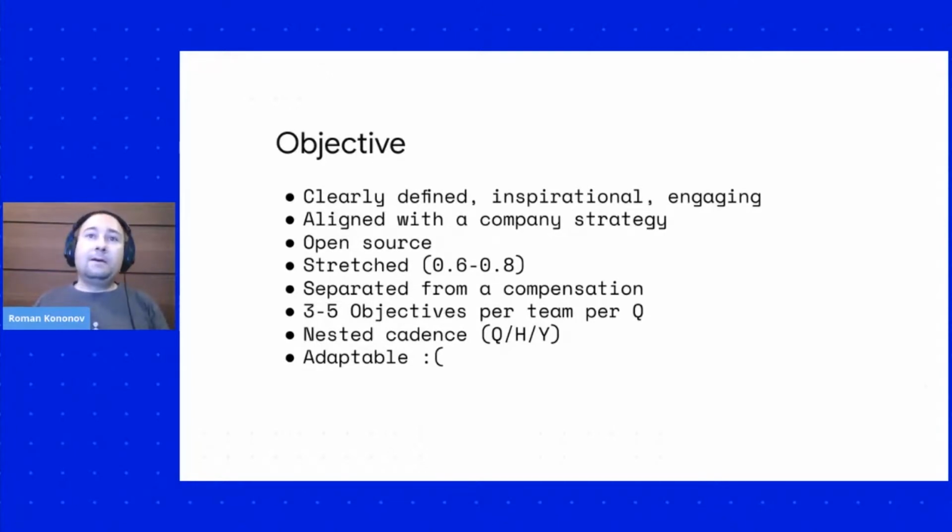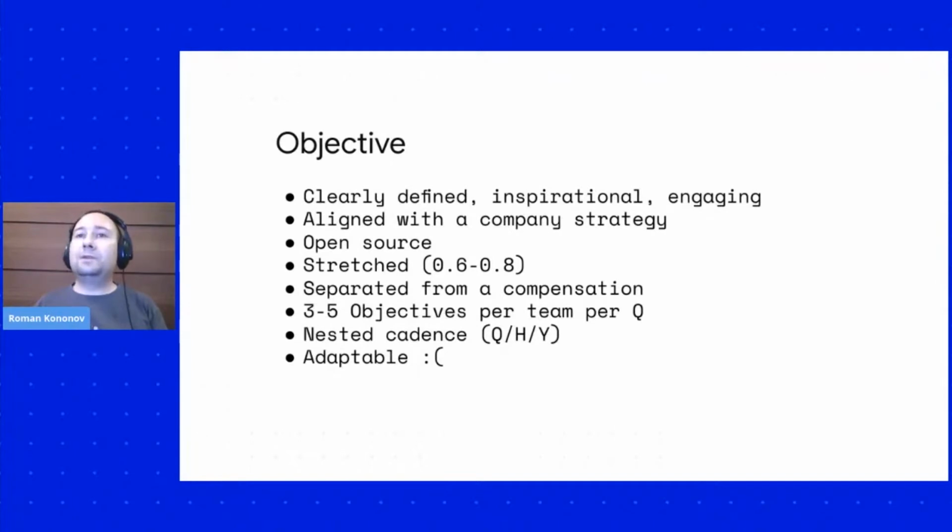Also, OKRs should be stretched. It does not make any sense to have just very achievable ones. There is another acronym called SMART, where you have very achievable tasks: specific, measurable, achievable, and so on. This is not about OKRs.